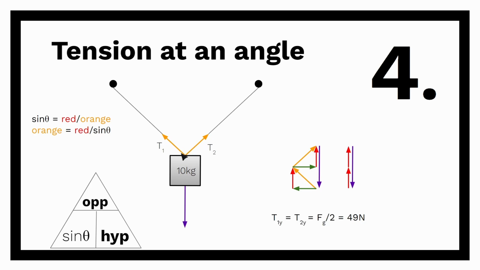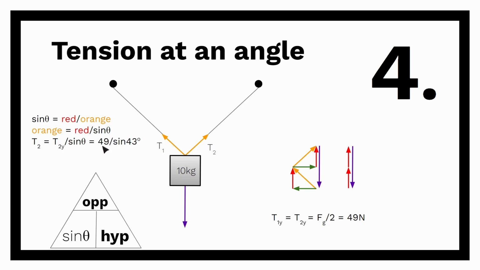And if we're trying to find the tension force, then you just multiply across, dividing by the sine. That's something that trips me up a lot, when I forget to divide by sine and I just say that it's red times sine. But if you use the triangle here, if you're trying to find the hypotenuse, which is the longer side, you cover it up and you have opposite over the sine. You have the red over the sine. And we already found red was 49 newtons because it's half of gravity.